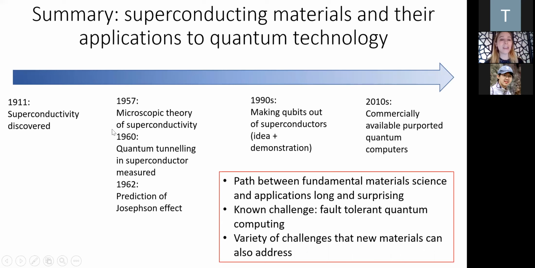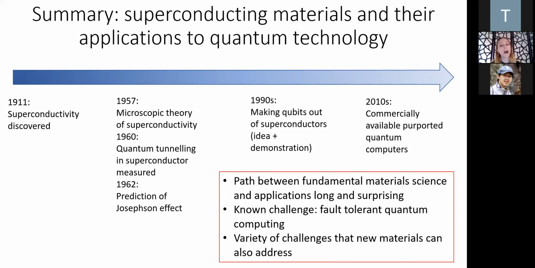Certainly, even in the 60s, when people understood all the ingredients that now make up superconducting quantum computers, that application was still not considered at the time. So still, although there are purported quantum computers, there are still challenges in this field. A known challenge is essentially that these devices are susceptible to noise and errors, which are difficult to correct in a quantum context.